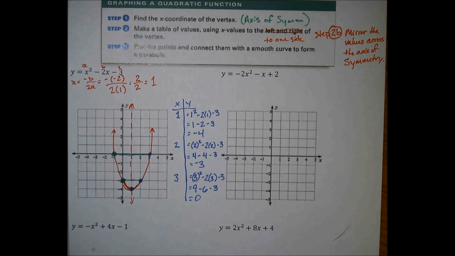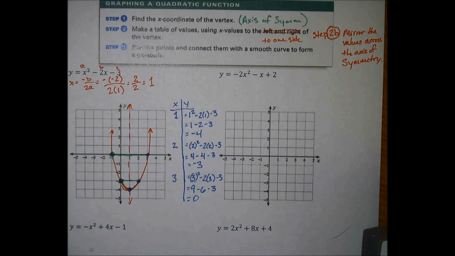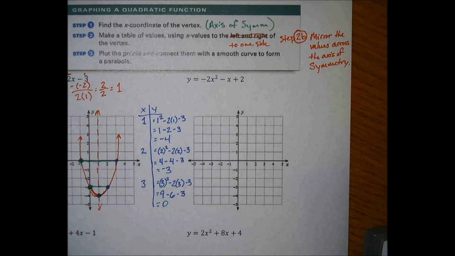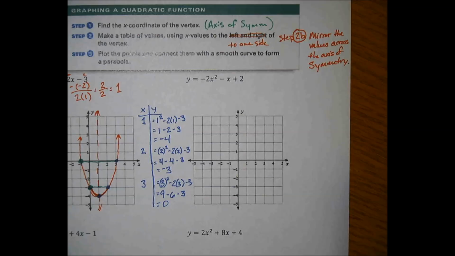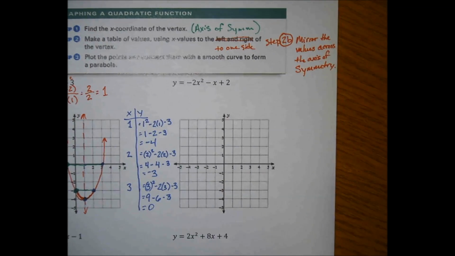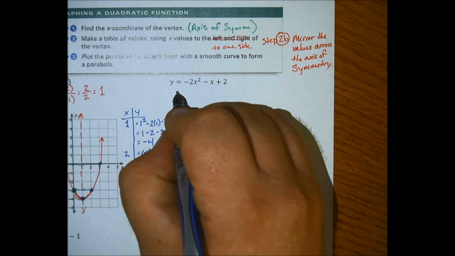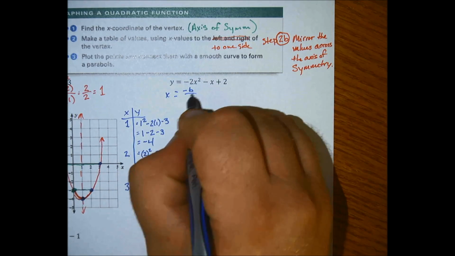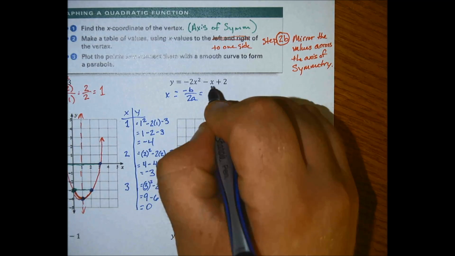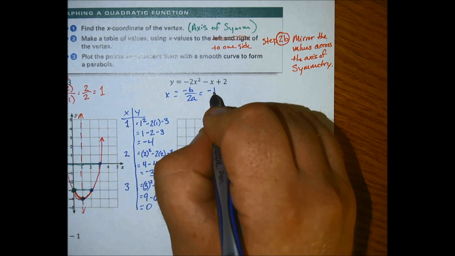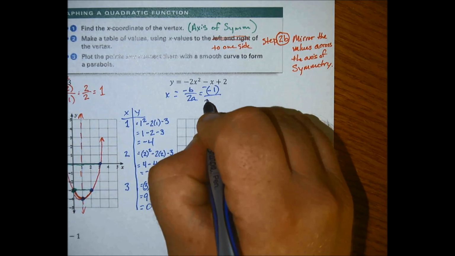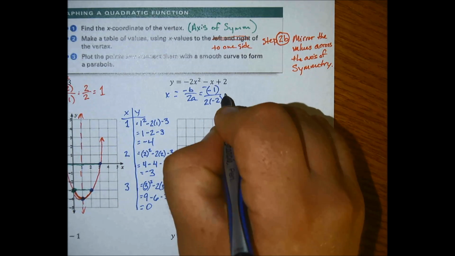Okay? I'm going to show you using a calculator how you can make your life a little bit easier for finding these values. But first off, on this next problem, I need to find my axis of symmetry, or my x-coordinate of my vertex. So x equals negative b over 2a. And that's going to be a negative 1 over 2 times negative 2.